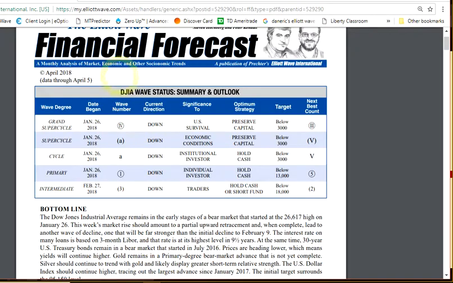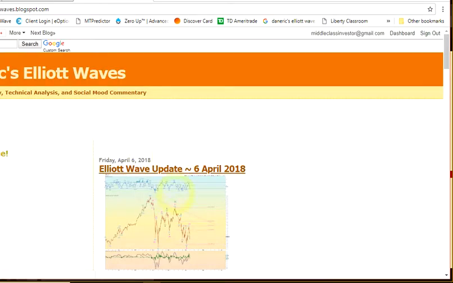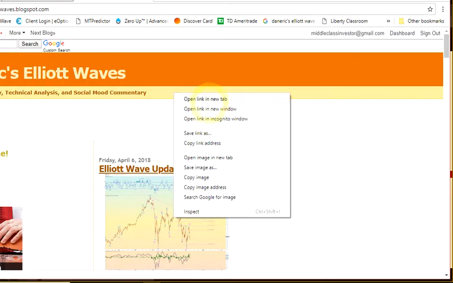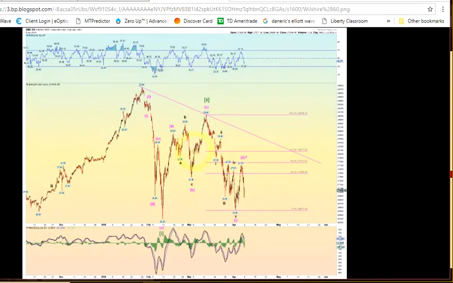Deneric also, I think I've shared this with you before. This guy Deneric's Elliott waves, he does a really good job of charting, I think. And I believe he's showing essentially the same thing.